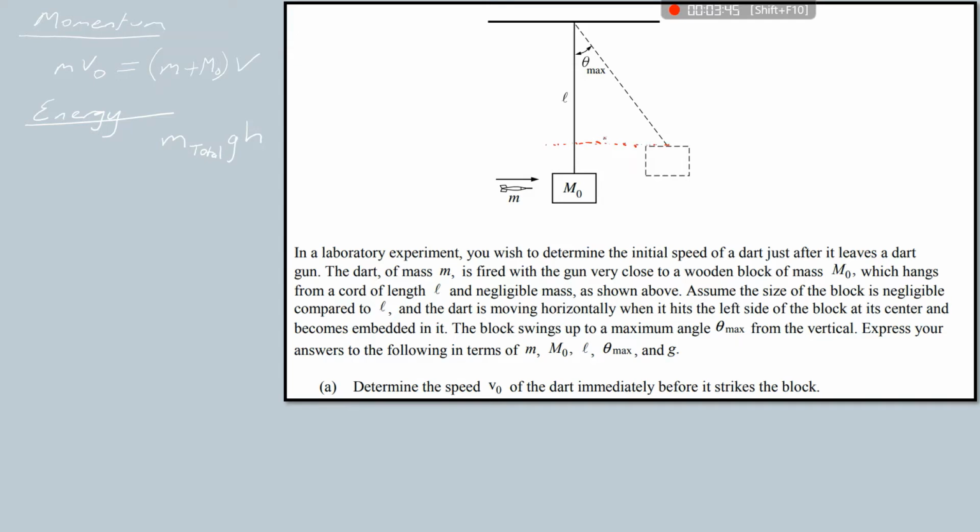So you mentioned something about a cosine, right? Yeah. Okay, what did you say? Oh, L minus L cosine. Okay, L minus L cosine, you're right. So from here to here is L cosine theta. So L minus L cosine theta would give me the height.